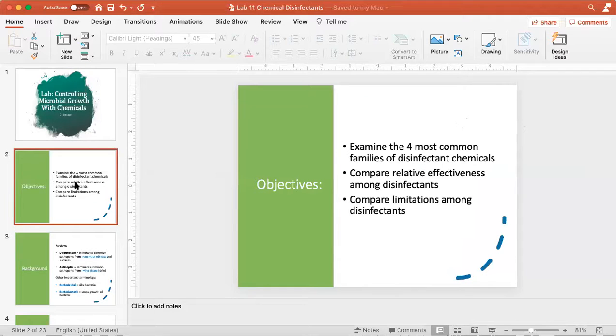So our objectives for today are to look at 4 very common families of disinfectant chemicals. So we won't be looking at individual products so much as we'll be looking at the families of chemicals that products belong to. We'll compare the relative effectiveness of different chemicals. And importantly, we'll talk about the limitations of these chemicals.